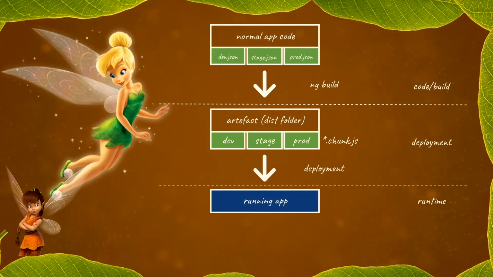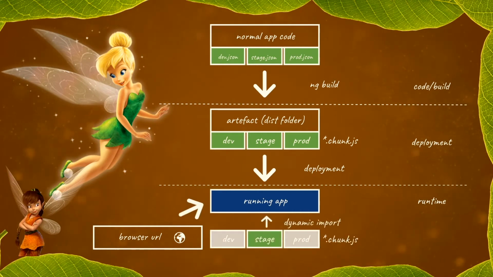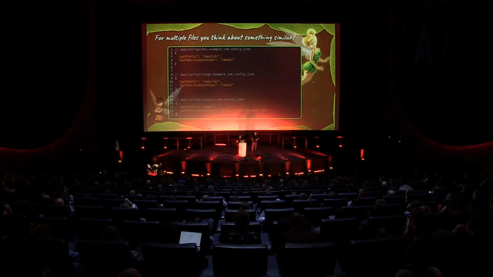So when you run your application, again the browser URL decides which configuration should be taken, but it's not taken from the built-in bundle. It uses dynamic import and dynamically imports the chunk, like the lazy loading for routing. And again, the browser URL decides. For multiple files, you think about something similar like this, and again she showed the files.